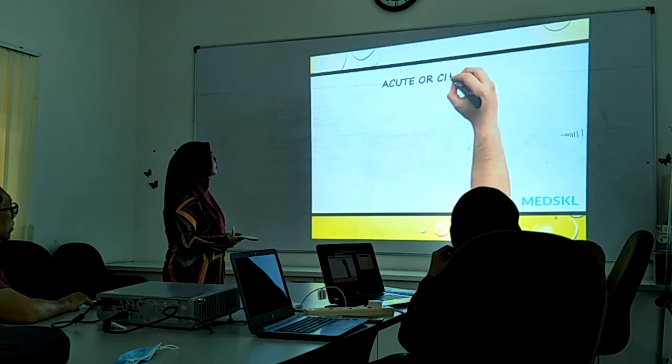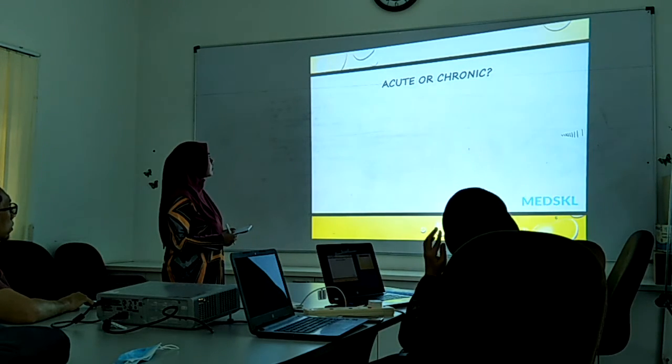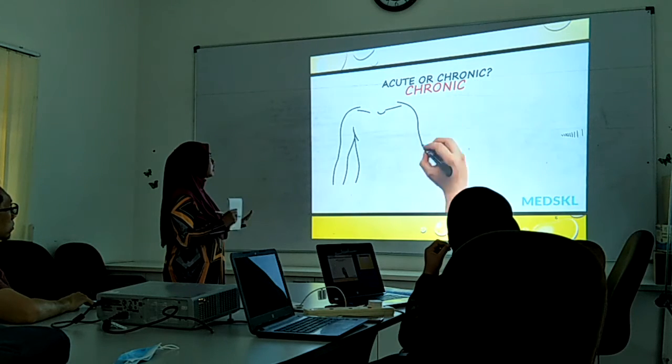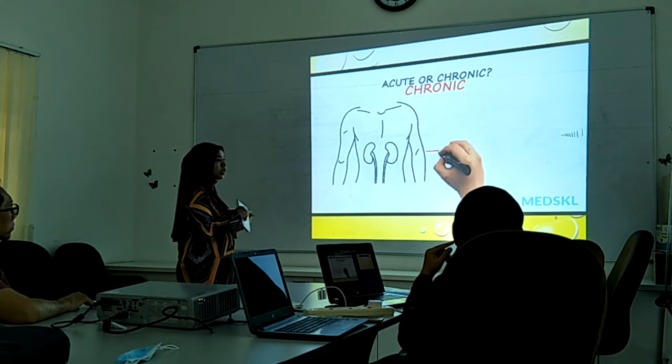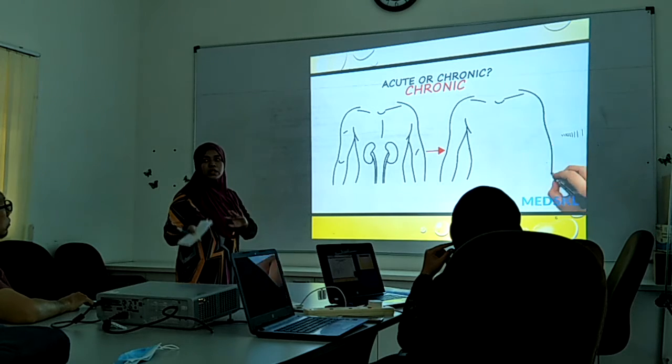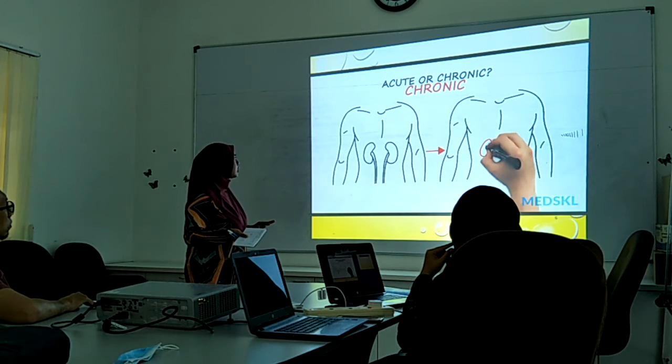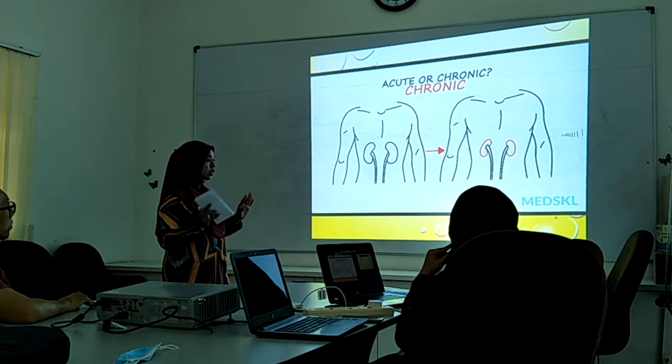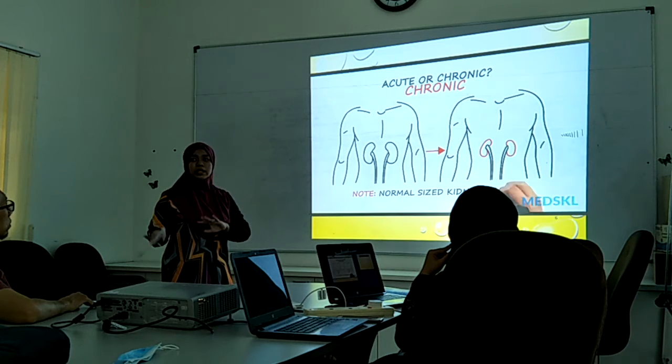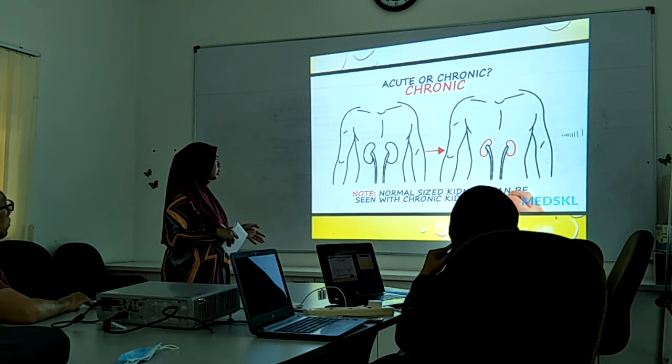Decide if the low GFR is acute or chronic. If previous values are available, we can differentiate acute kidney injury from chronic kidney injury. Small kidneys are strongly suggestive of chronic kidney disease. In chronic kidney disease, the patient will have smaller kidneys than in acute kidney injury.